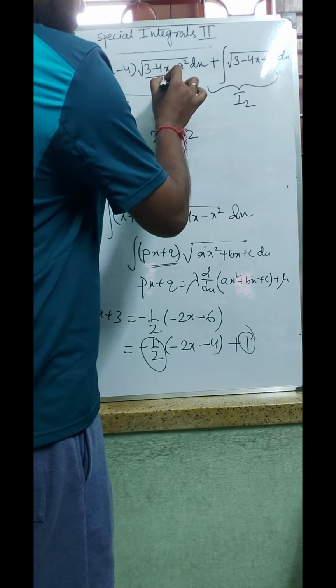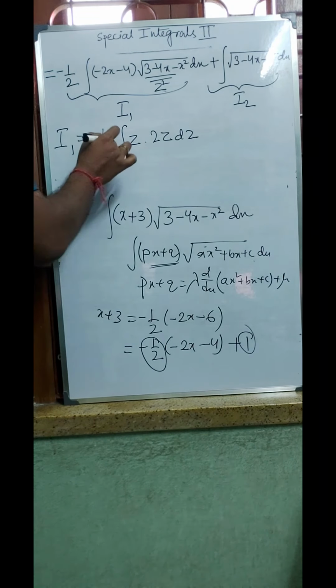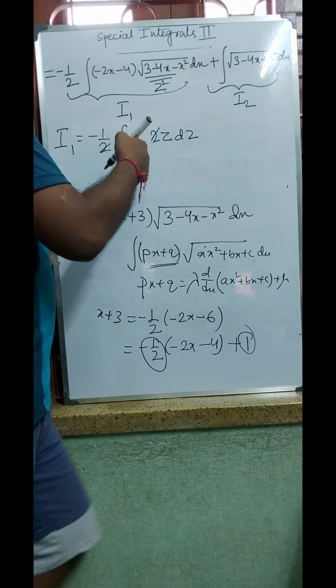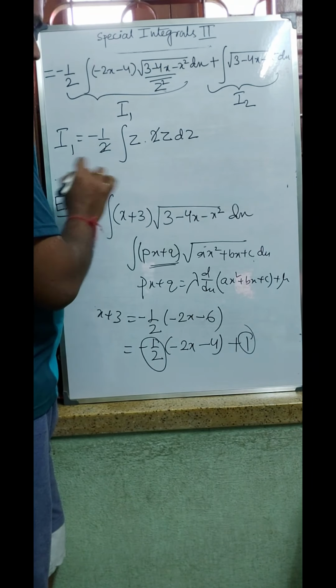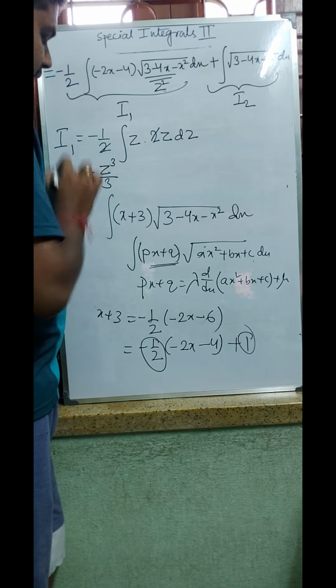So this 2 gets cancelled, you are left with z square dz, so you are left with z cube by 3 with a negative sign.